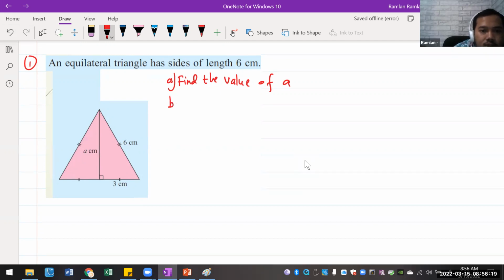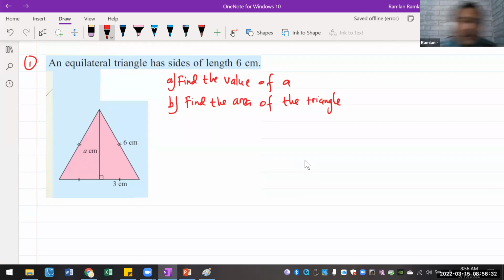The second question is find the area of the triangle. Okay, I'm gonna give you about 5 minutes to write down and try to answer the questions. While you write it down and try to figure out how to do it, you can ask some questions. Okay, I'm gonna help you. Only 2 questions for today.